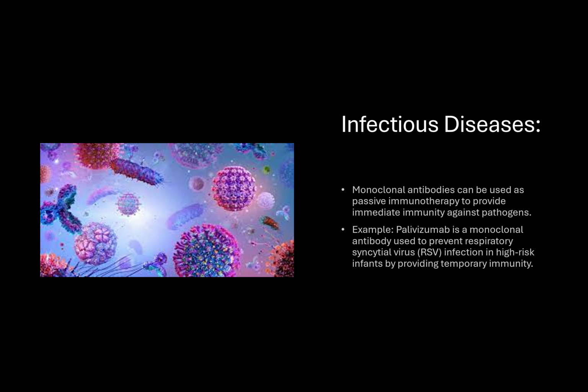Infectious diseases as well. Monoclonal antibodies are also used in passive immunotherapy to fight against different types of pathogens and to provide some immediate immunity against them. Palivizumab is a monoclonal antibody used to prevent respiratory syncytial virus, RSV, infections in high-risk infants.